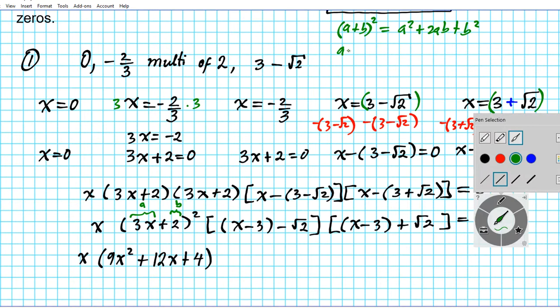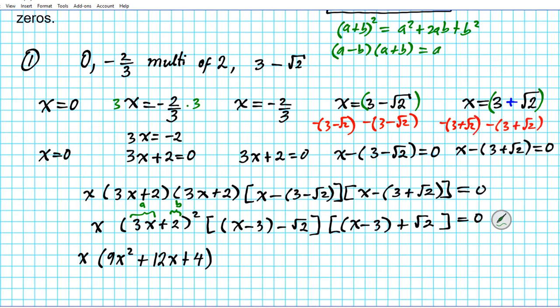If you have a minus b times a plus b, what does that become? That's a squared minus b squared. This is the factored state of a difference of squares. This is the expanded form. Ladies and gentlemen, we have the expanded form, the factored form of a difference of squares.